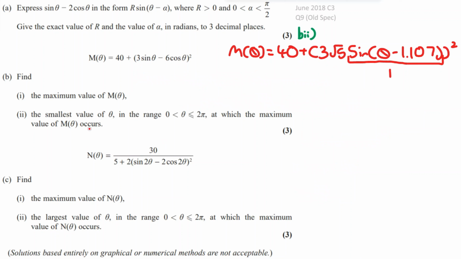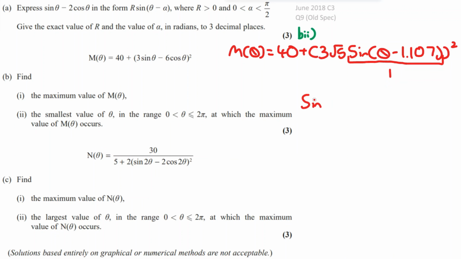And then for the second part of B, we need to find the smallest value of theta in this range here in which this maximum occurs. So remember, this maximum occurs when sin of theta minus 1.107 is 1.